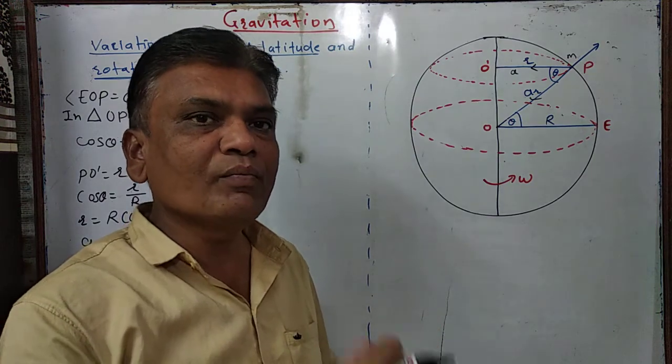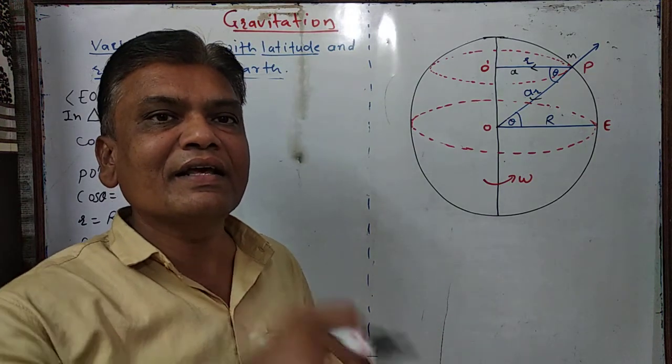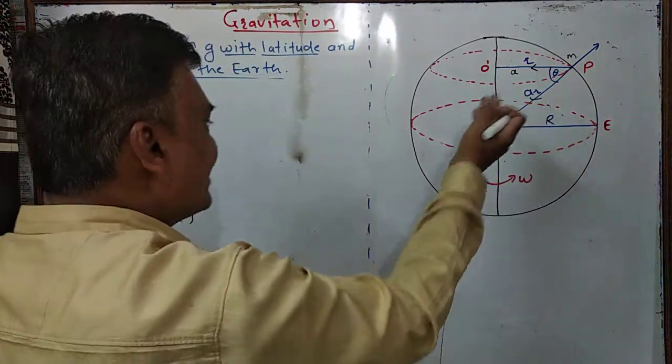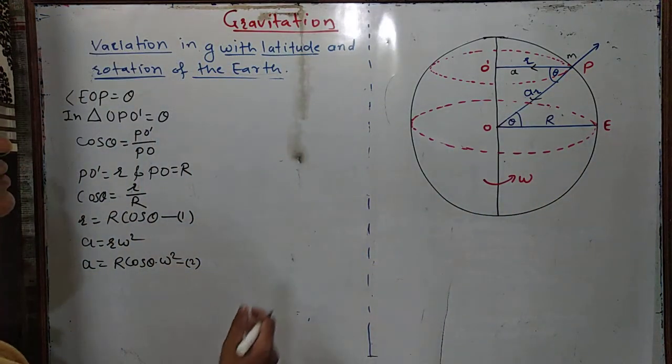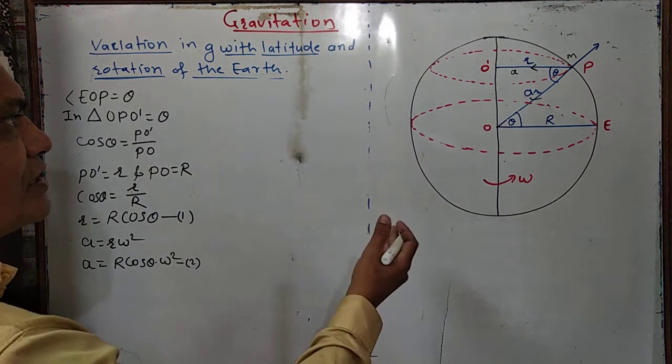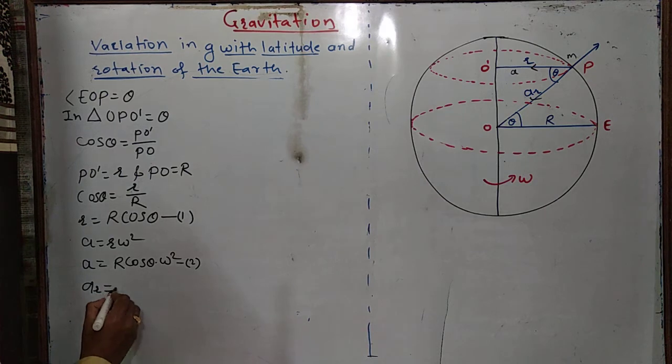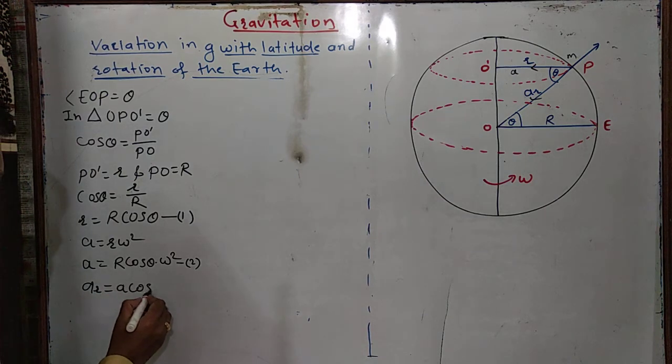There are two components of this acceleration, tangential acceleration and radial acceleration. The radial component of the centripetal acceleration is given by a_R equals a cos theta.